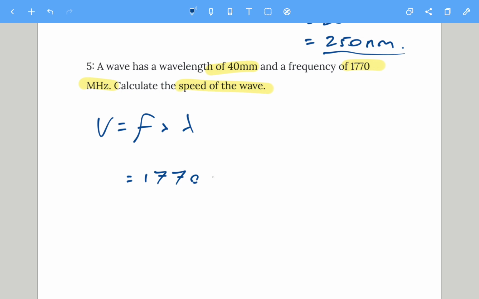So you could times by a million, or you could simply write times 10 to the power 6, because a million is 6 zeros. So 1770 times 10 to the 6 hertz multiplied by the wavelength of 40 millimeters. You could do 40 divided by 1,000 for that one, which would be 0.04, so you could do times 0.04.